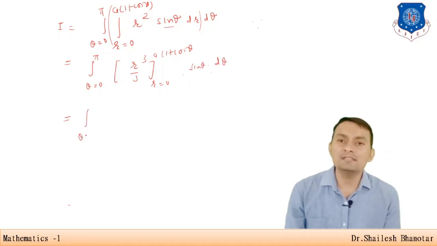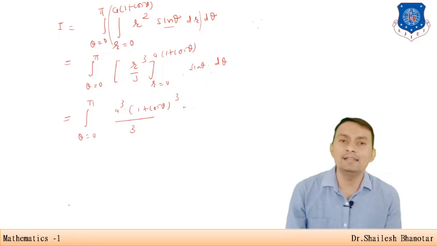When I put the upper limit, I get a cubed into 1 plus cos theta raised to power 3 divided by 3, and for r equal to 0, I get only 0, and then sin theta d theta.